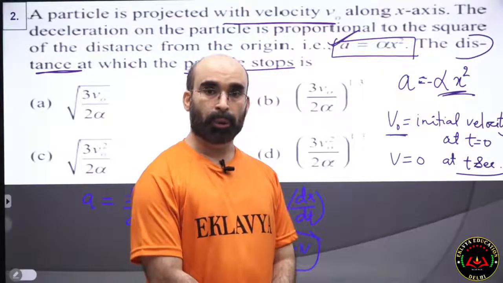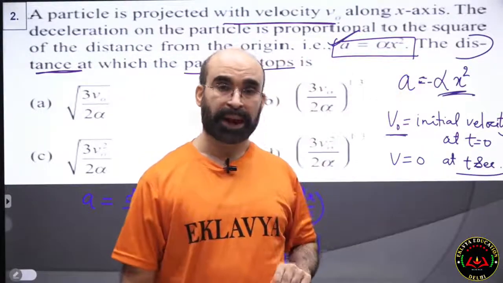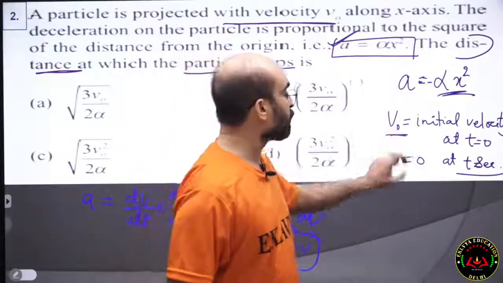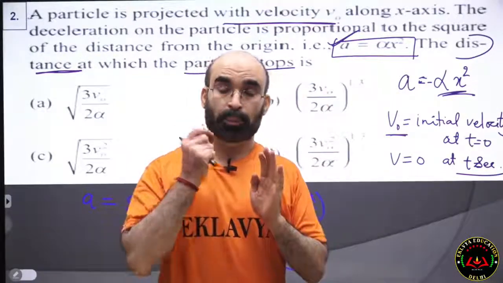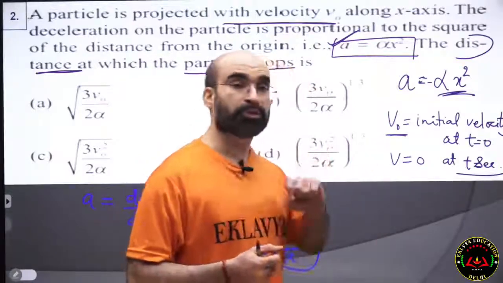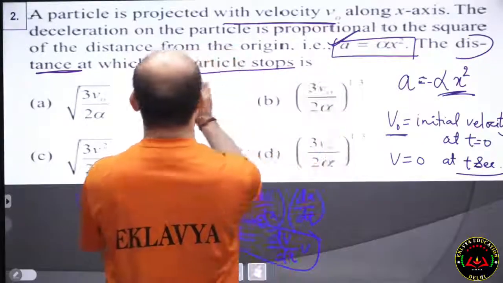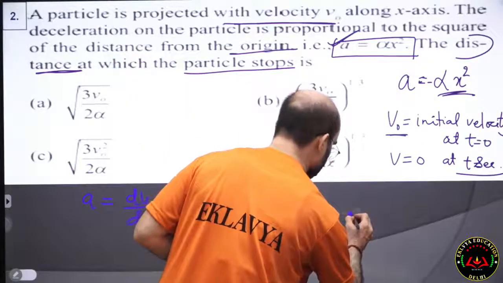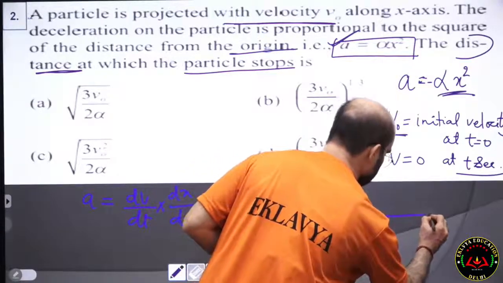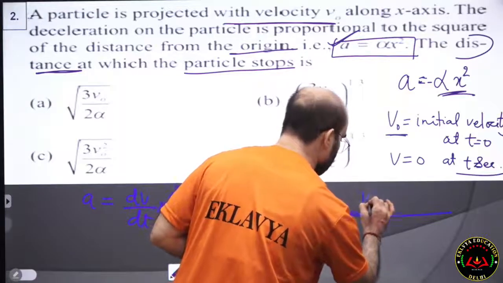Here, this expression is quite useful for us. Why? Because acceleration is given in terms of displacement, and they're asking at the moment velocity becomes 0. It is starting off with the origin. Suppose this is origin, and it is going in this direction, right? So it started off with velocity v0.